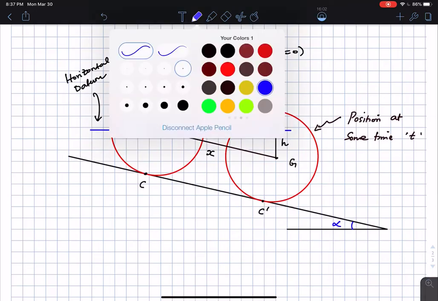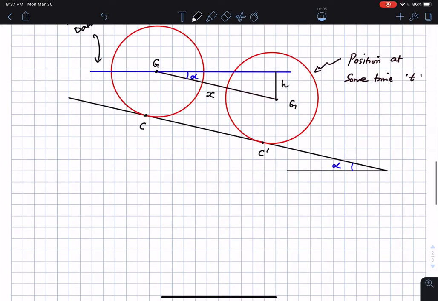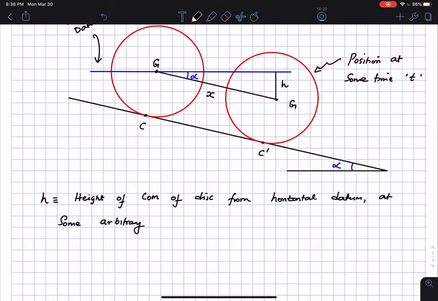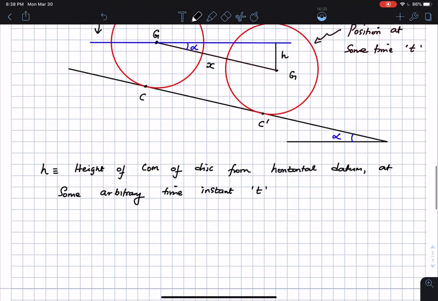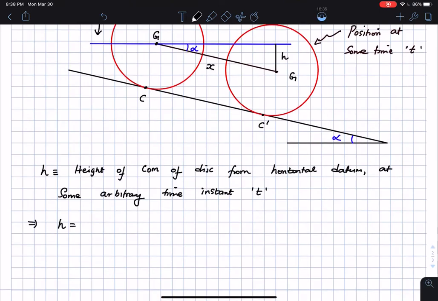So the height h, which is the height of the center of mass of the disk from the horizontal datum at some arbitrary time instant little t, we can see from geometry that h is equal to x times sine alpha.